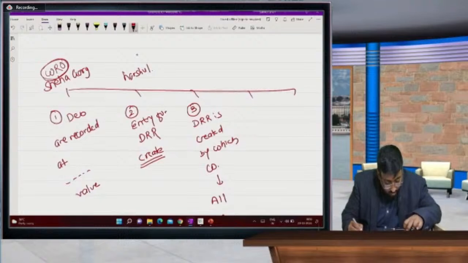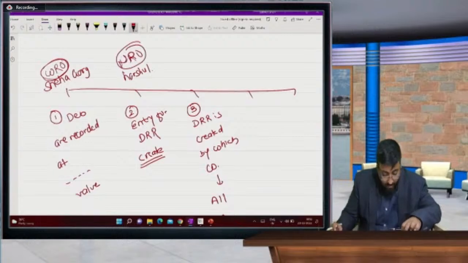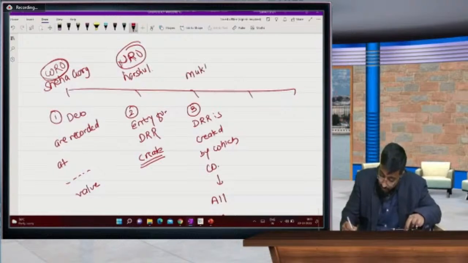Second answer by Harshul. NRO student. Third one. Third answer by Mukta Vyas. मुक्ता का आंसर है थर्ड. CRO स्टूडेंट.